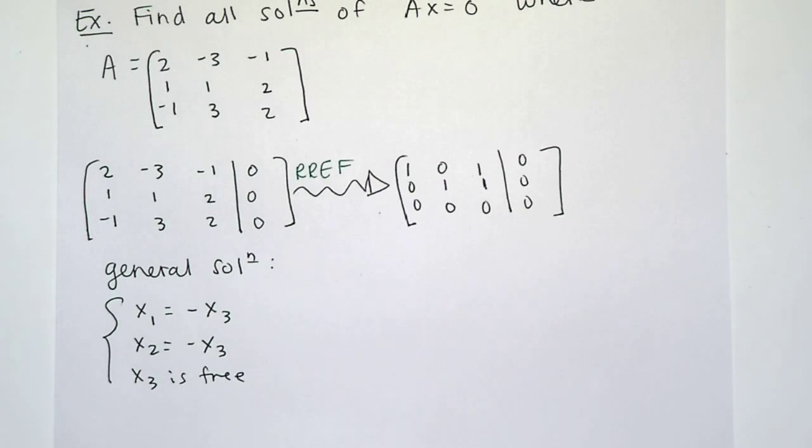Okay, so let's actually write our general solution in a new way. Instead of just listing out what x1, x2, x3 are, let's write the general solution as a vector. We can do that.